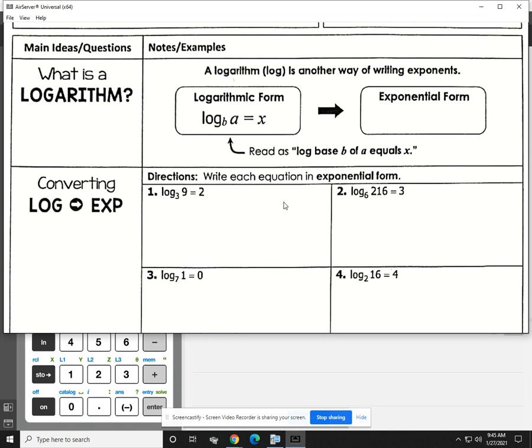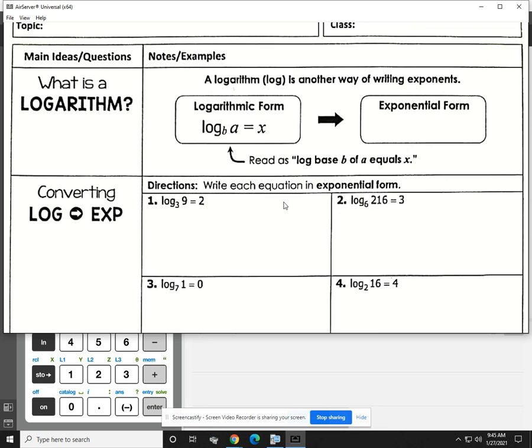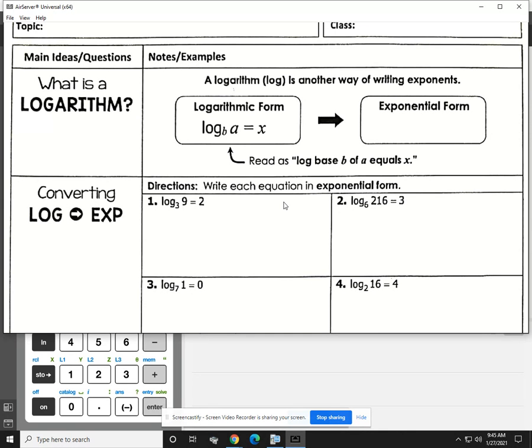So here's the connection, the base. The base of the log has to be the thing that you keep straight. The base of your logarithm becomes the base of your exponent. Okay? So, for example, when I look at this logarithm right here, it says log base b of a equals x.